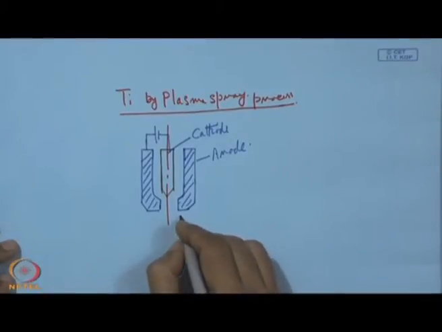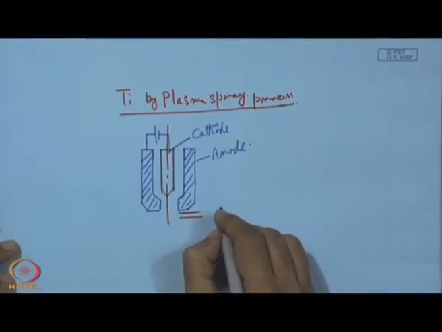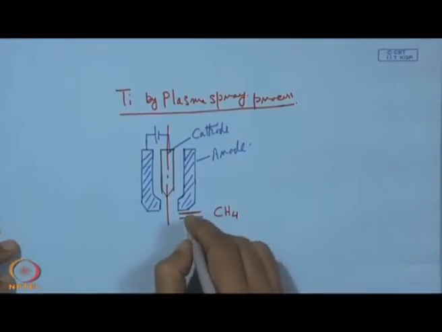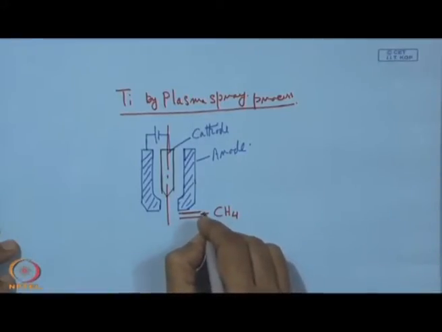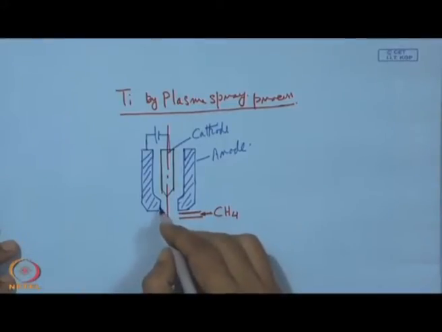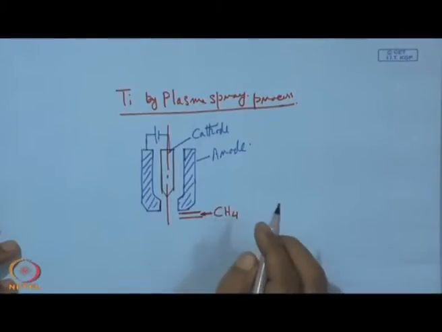We can have an entry point of, for example, methane in here. So methane will be admitted, and with this addition of methane, here we have titanium ions, and we also have methane which will be ionized, liberating carbon.